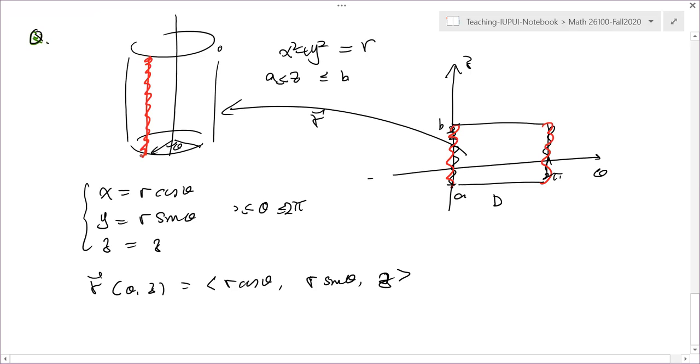If you draw a line going in this direction, it becomes a circle. So you can see that you make a cylinder.